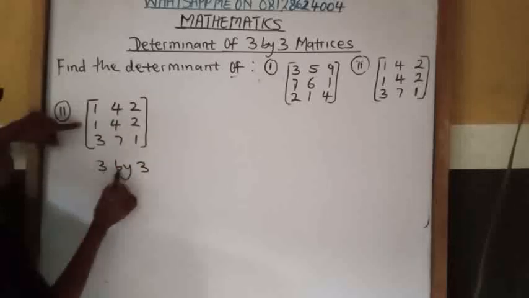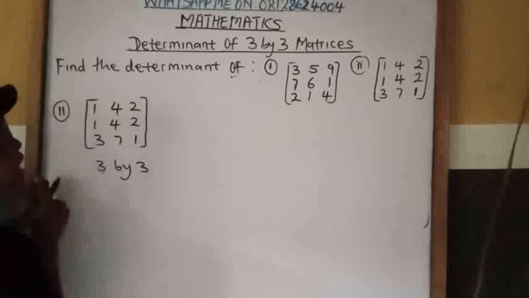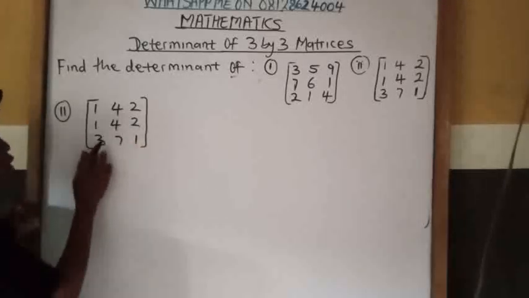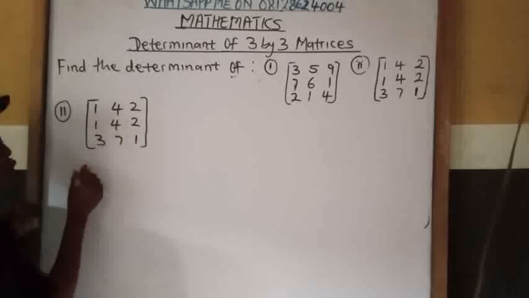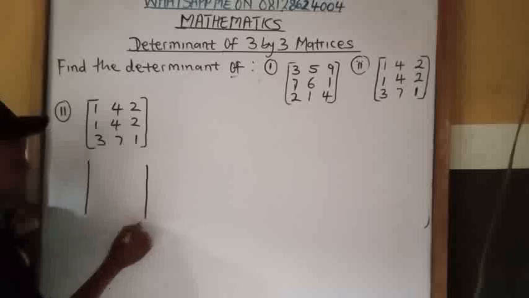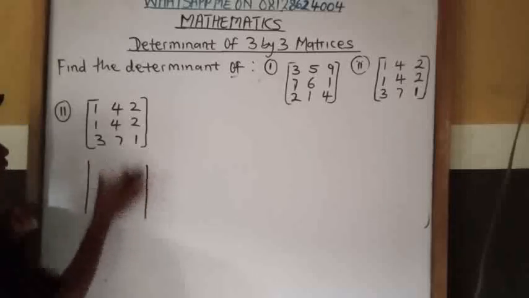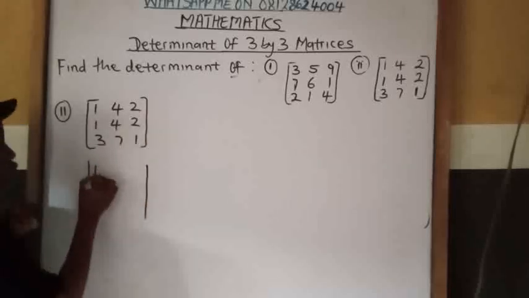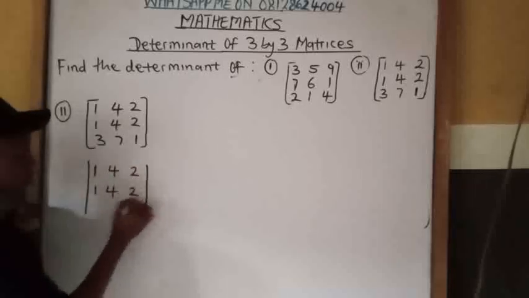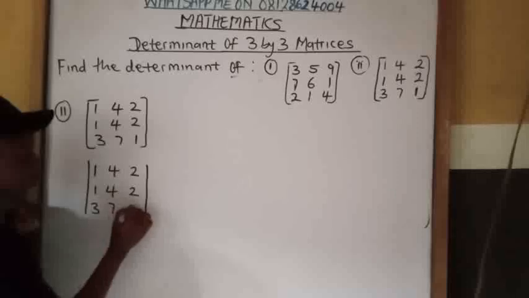So we call this 3 by 3 matrix. So we are looking for the determinant of this 3 by 3 matrix. So we are going to replace our bracket with the sign of determinant, that is 2 vertical lines. So this is the sign of determinant. Then we bring in our elements 1, 4, 2, 1, 4, 2, and 3, 7, 1.